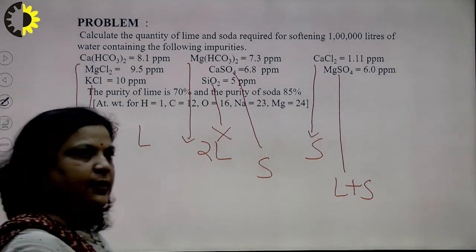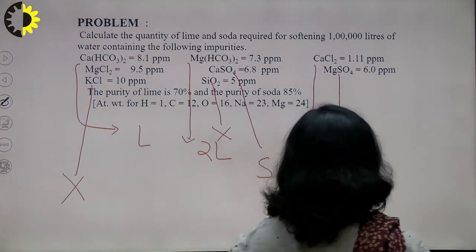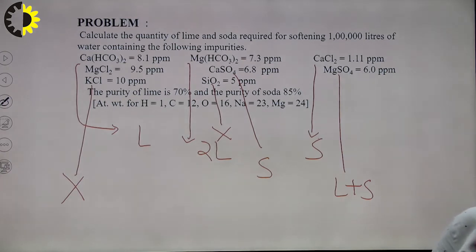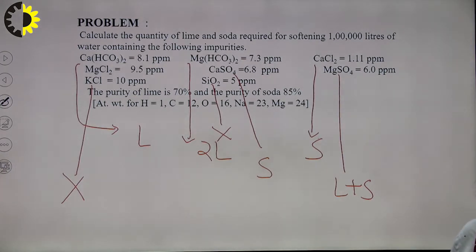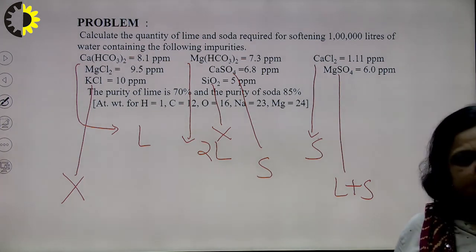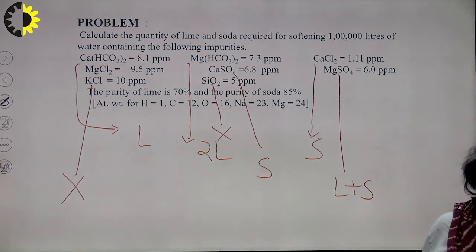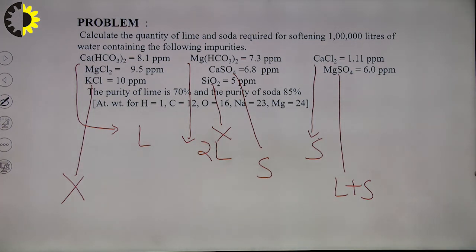So it should be clear: for temporary hardness of calcium, lime L; for magnesium, 2L; for permanent hardness of calcium, S; and for permanent hardness of magnesium, L plus S.